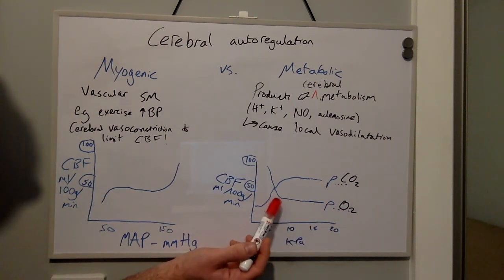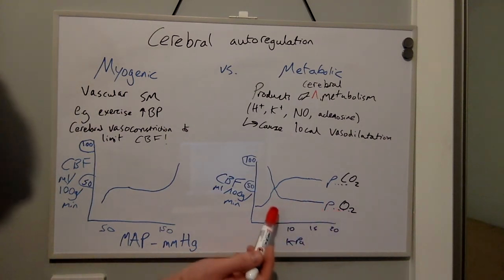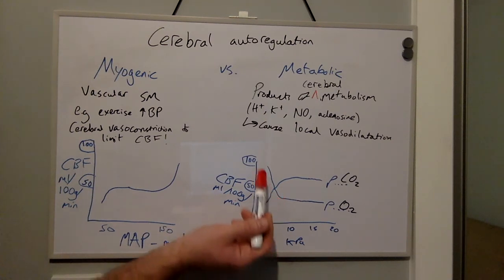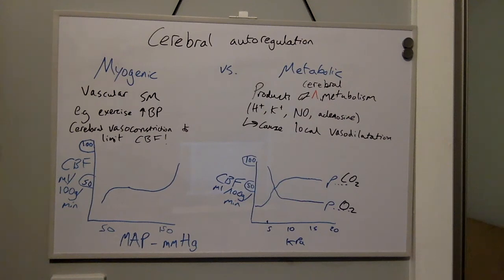However, below a PaO2 of about 7, there is an exponential rise in the cerebral blood flow. And this is a mechanism to try and increase the cerebral blood flow in order to increase the oxygen supply when there is a deficit of oxygen within the blood.